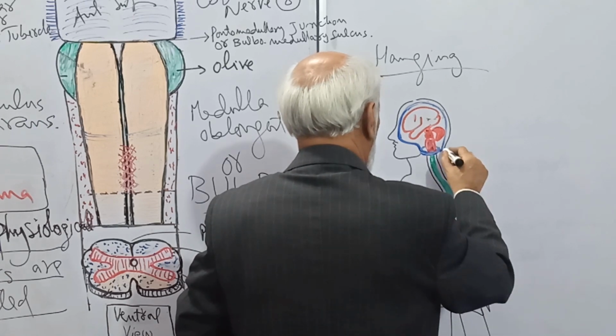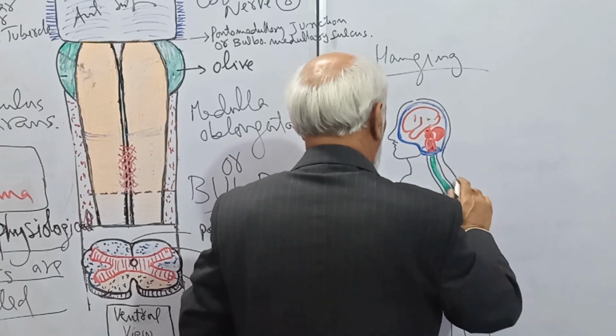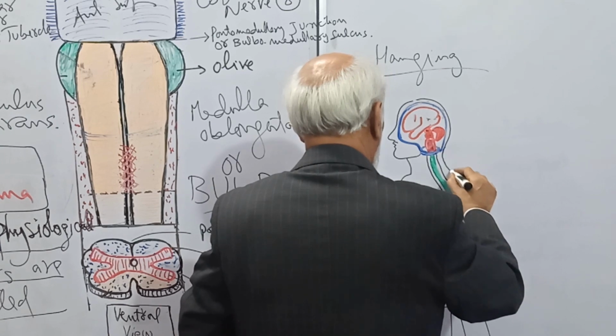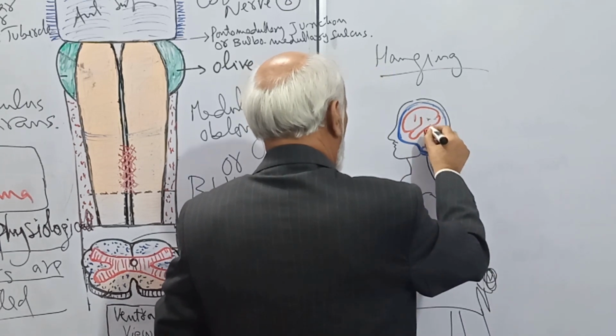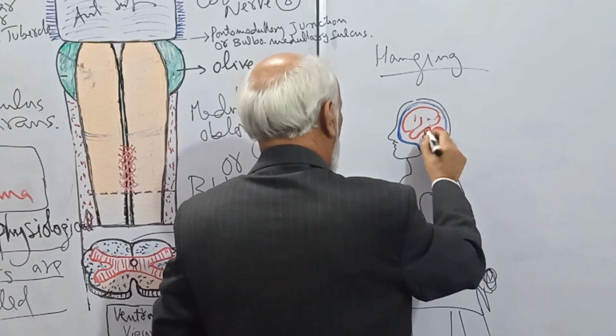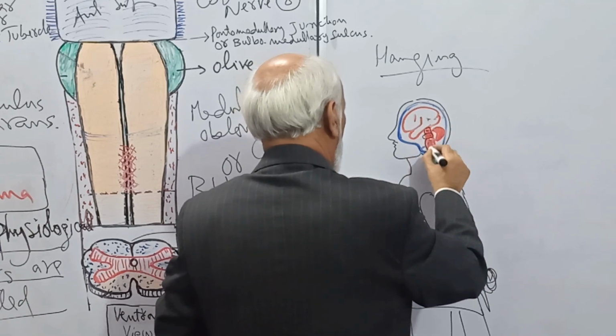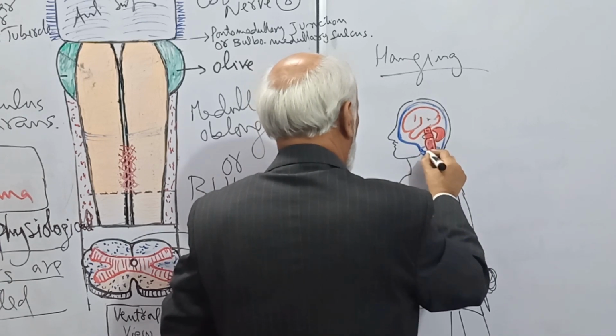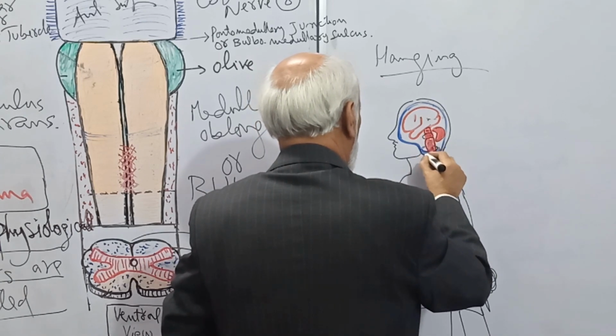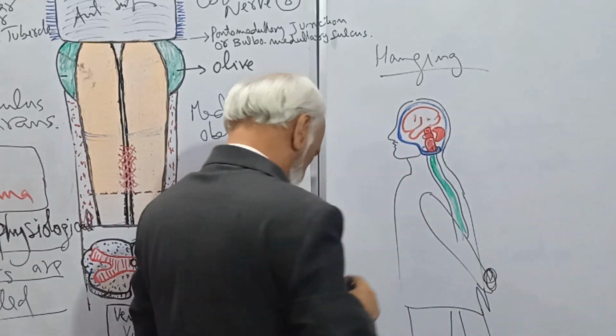This is vertebral canal. Midbrain, pons, medulla oblongata, spinal cord, and this is foramen magnum.